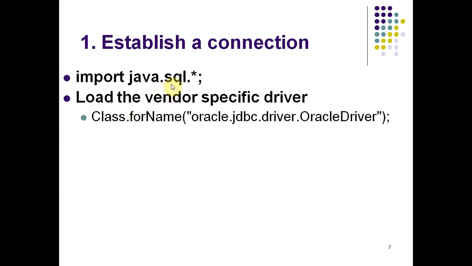In database connectivity we require the java.sql package, and inside this package we have different classes which are helpful for database connectivity. Then Class.forName, with oracle.jdbc.driver.OracleDriver inside the double quotes. By this statement we are loading the Oracle driver.